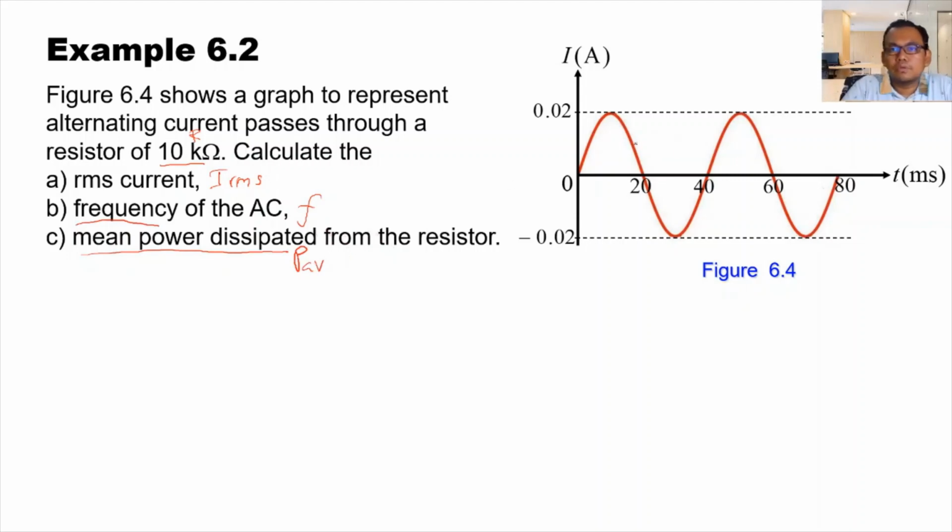Okay. We are given the graph. So this is our peak current, and this is one cycle, so that means this is our period.